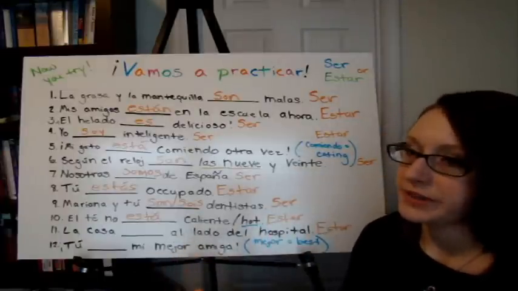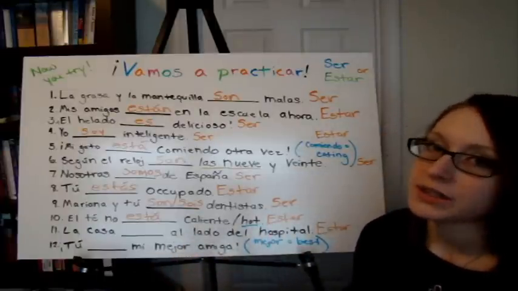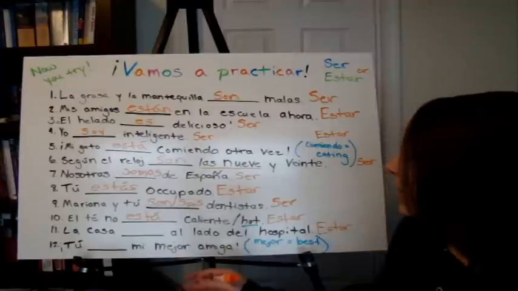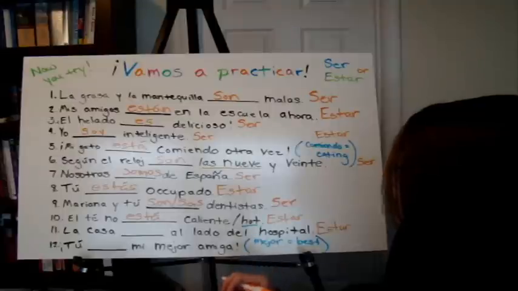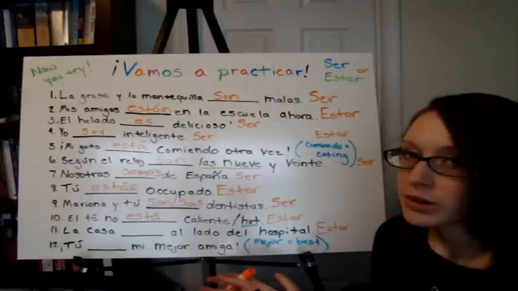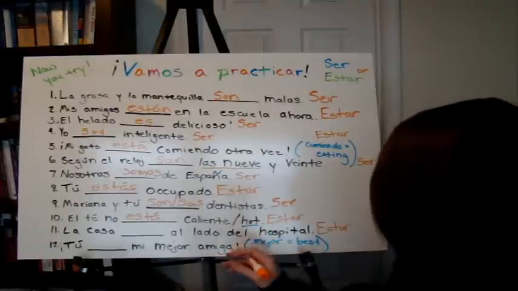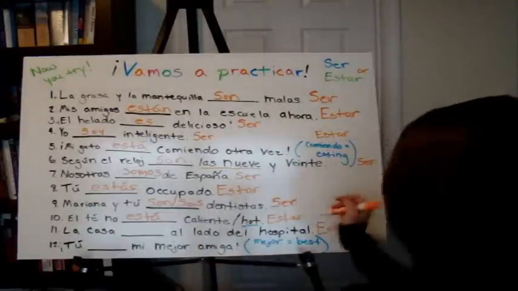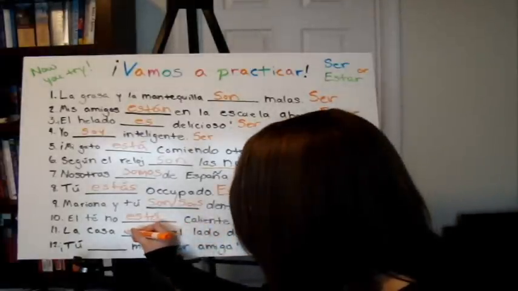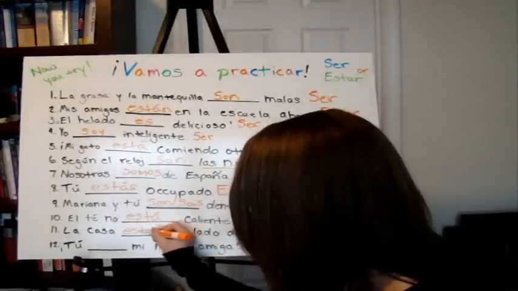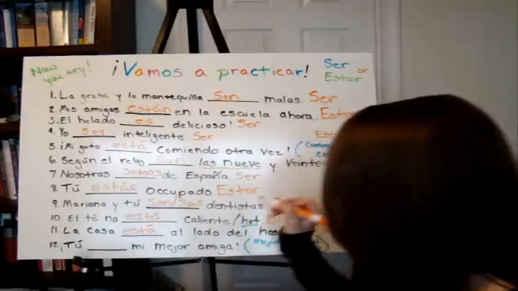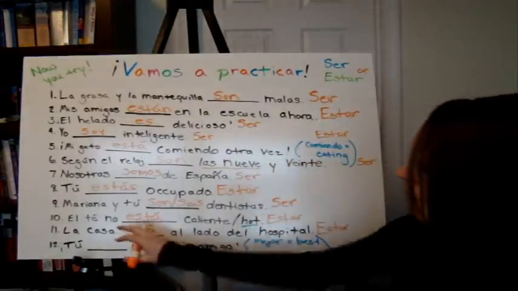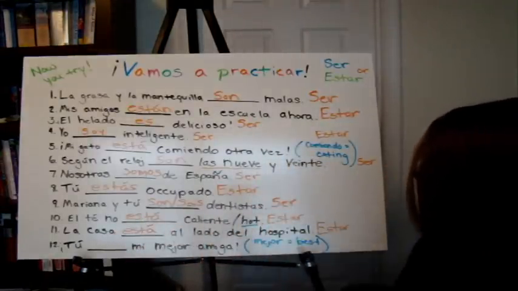I mean, you can, but that's really difficult, costs a lot of money, and people normally don't do that. And even though that is true, this is still going to be temporary because anytime you deal with describing locations in Spanish, it's still going to be estar. And it is one house. So the location, the conjugation is going to be está. La casa está al lado del hospital.